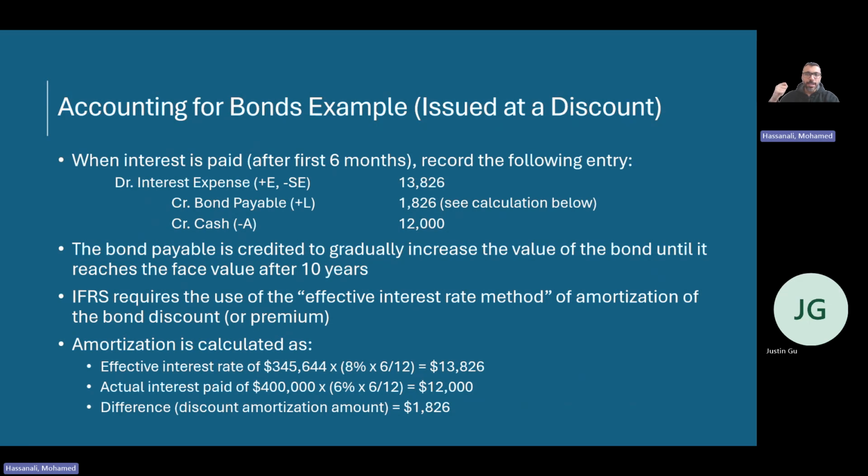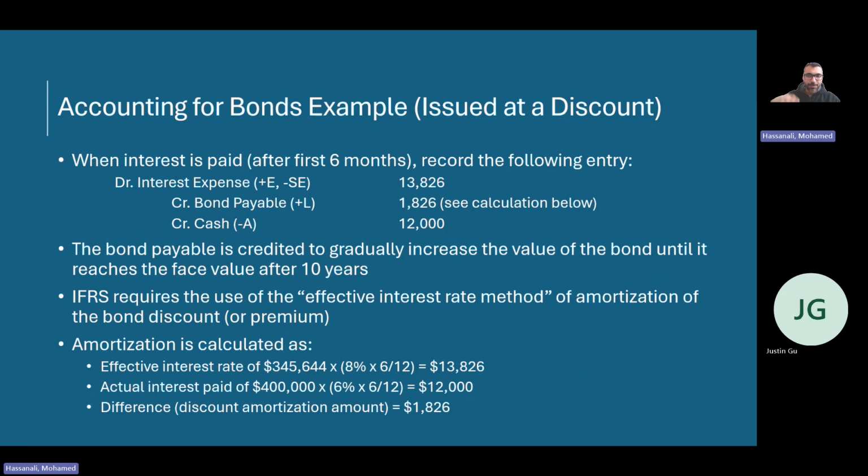If we were going to test you in a question, we will specify for you which method you need to use for the amortization of the discount or the premium. So we'll always tell you use effective interest rate or straight line amortization. Just make a mental note that there's different ways to do this particular thing.